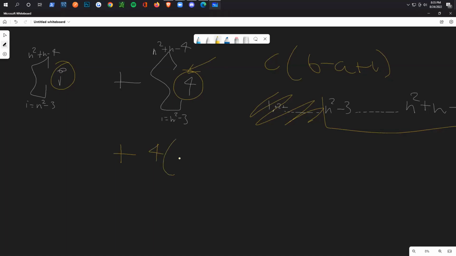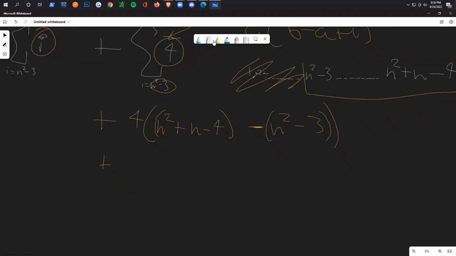So 4 times (b minus a plus 1). This whole thing right here is b: n squared plus n minus 4, minus a: n squared minus 3. But remember, always put your parentheses. If not, you're going to mess up, because you'll do minus n squared and forget the minus on the rest.